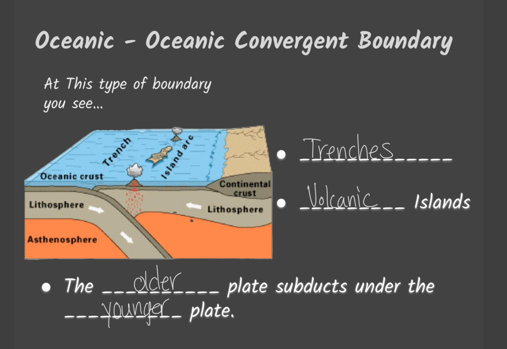And the reason why this happens is the older plate is more dense than the younger plate. It's had more time to cool and gain material. So the older plate is more dense and it sinks underneath the younger plate. And then we get those volcanoes showing up in the younger plate.